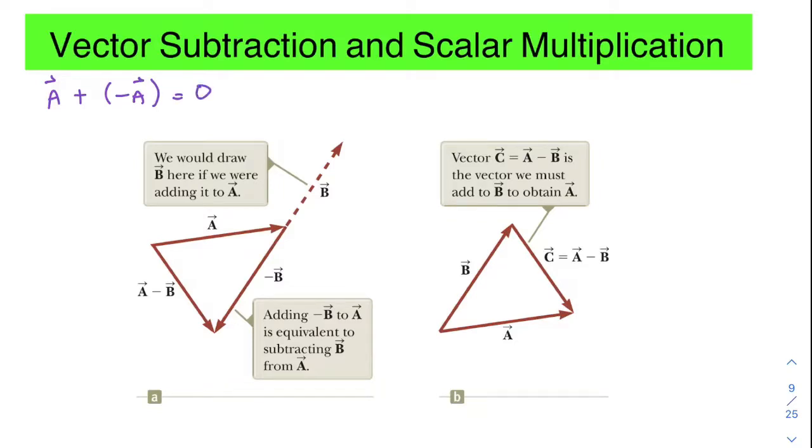Correct. Okay. And how about A minus B, is it equivalent to A plus negative of B? Yes, it is equivalent. It's just the same thing, right?